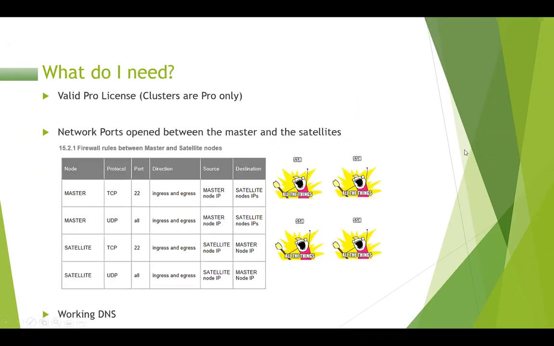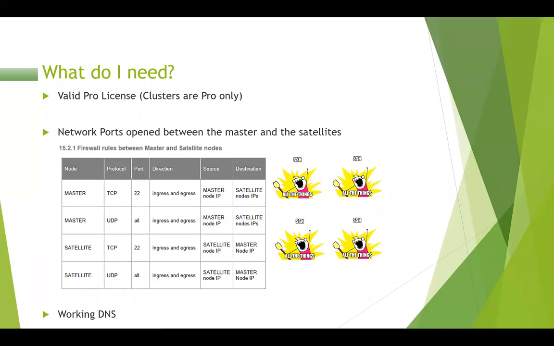For this cluster solution, you need a Pro license. That is 99 euros a year. Checked it yesterday evening again. Nothing has changed. So if you're saying at some point, okay, now I need those features that the Pro version brings, then this is basically what you have to pay for it. And it is licensed by the number of concurrent users.